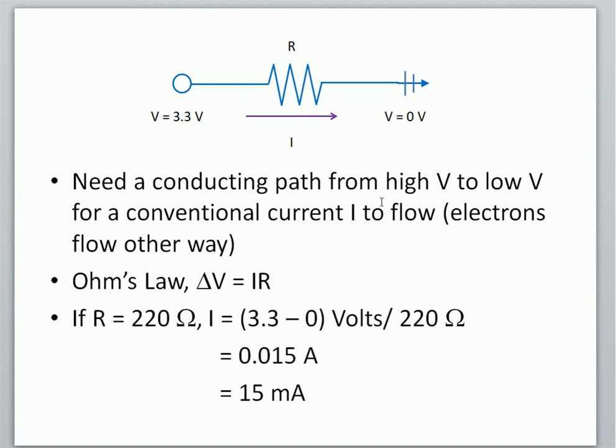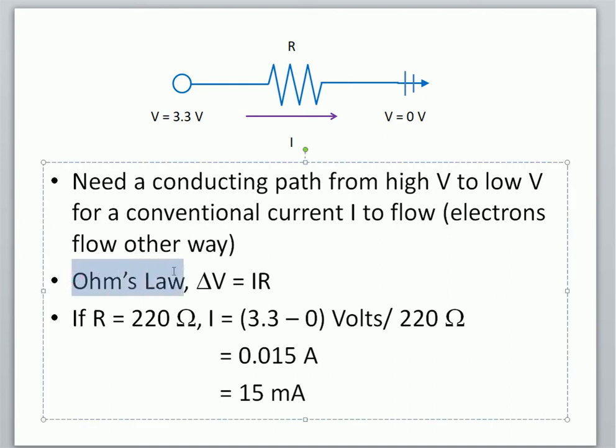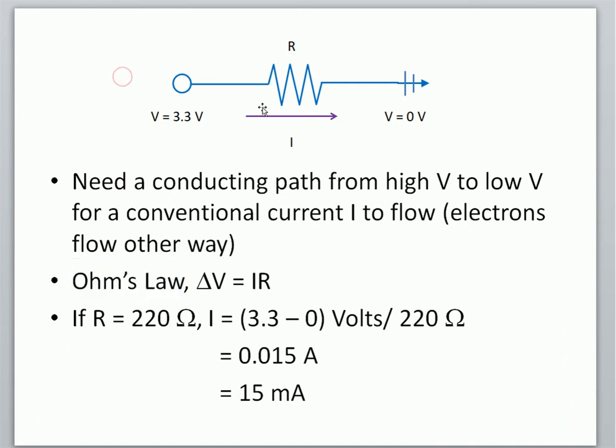That's all right for us. Conventional current's fine. Now, you may recall that in high school, or even earlier, you did Ohm's law that says when you have a voltage difference on either side of something, then there's a relationship between the resistance of the wire and the current that flows through it.